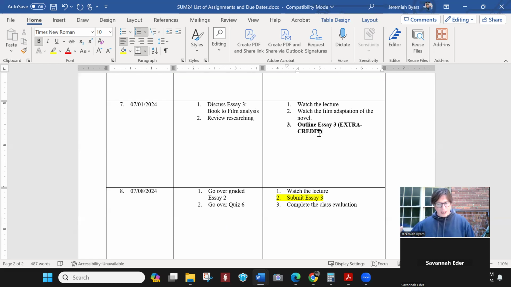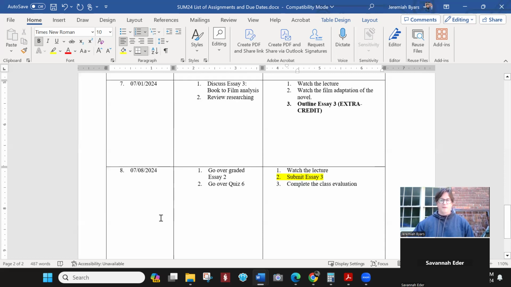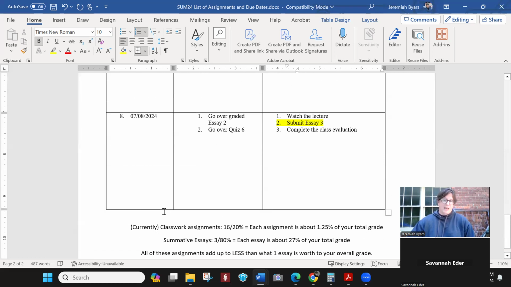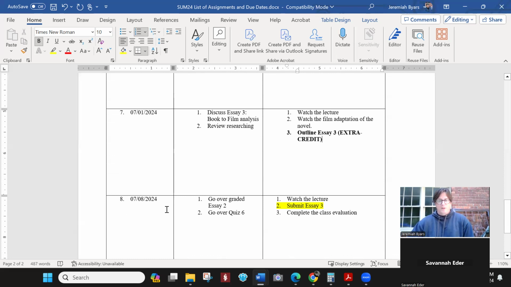If it's a really, really, really well done outline, then I'll give you 100 points, 100 out of 25. That's like 75 extra points. And if you don't turn it in, then you'll just get excused. It will not go in as a 0. So that will be for the following week. And then after that, you'll submit essay 3.